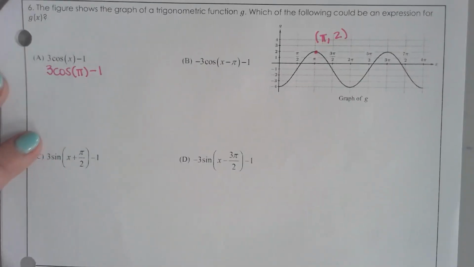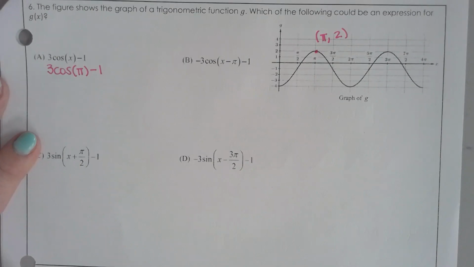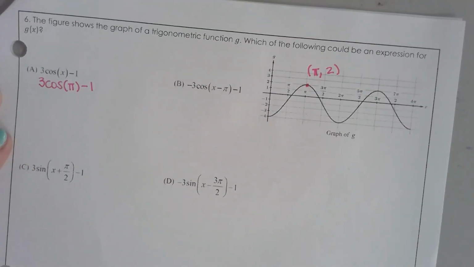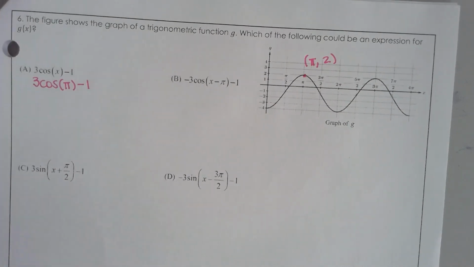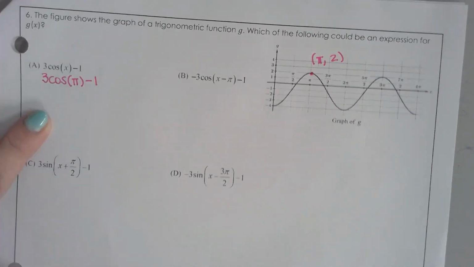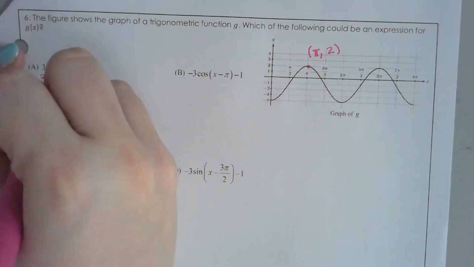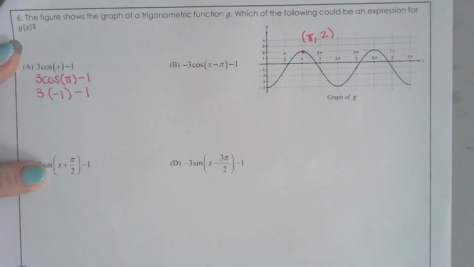Does anybody know what cosine of pi is? -1. Actually, you're not expected to have all these memorized. Now you might memorize like the pi, this is times negative 1 minus 1.